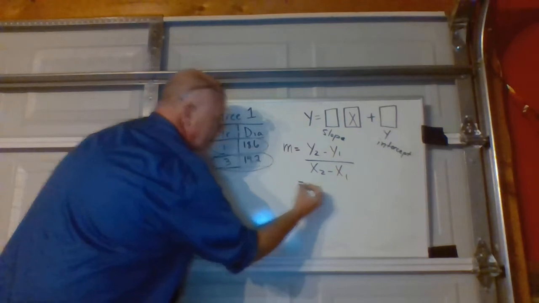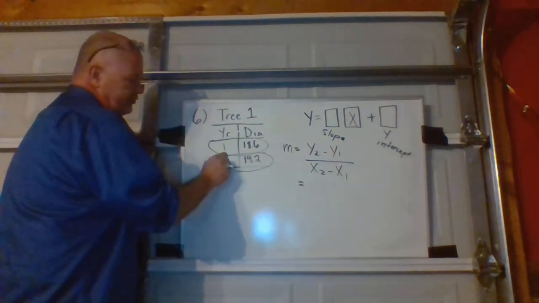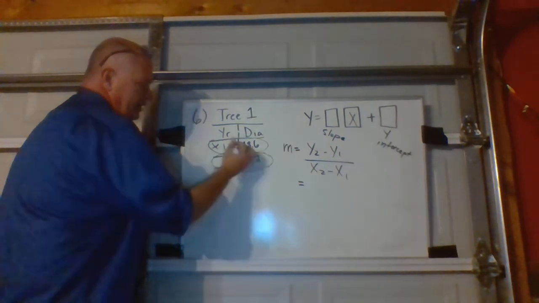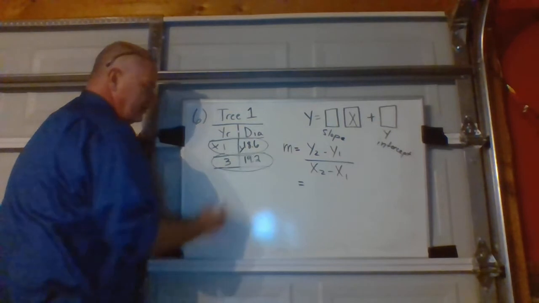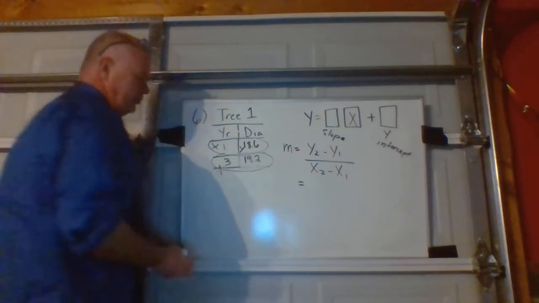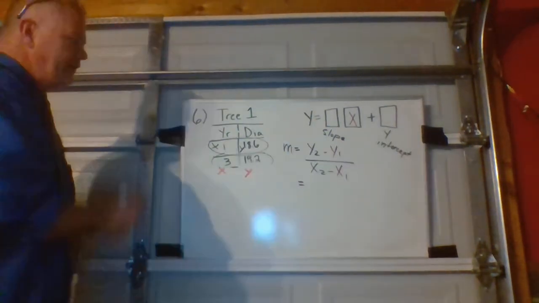What I like to do in this situation is I'm going to take this first number and label it my x, and I'm going to label that guy my y. I'm going to label this my x and this my y. Let's do that right away.